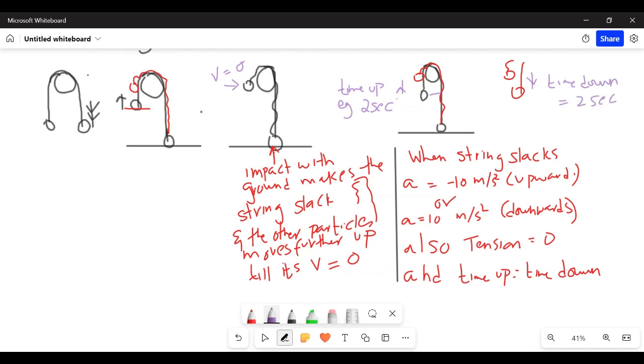So if it takes 2 seconds for the particle to move from this point to its highest point at which velocity is 0, then it takes 2 seconds for the particle to drop and come back to its original point, which was here.